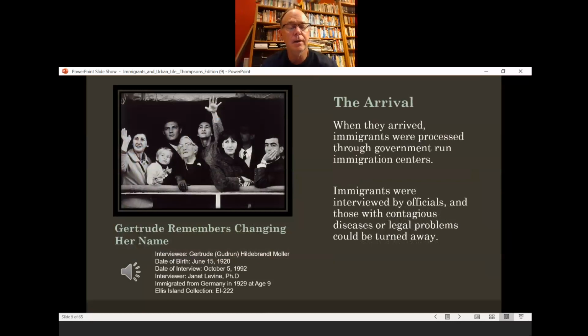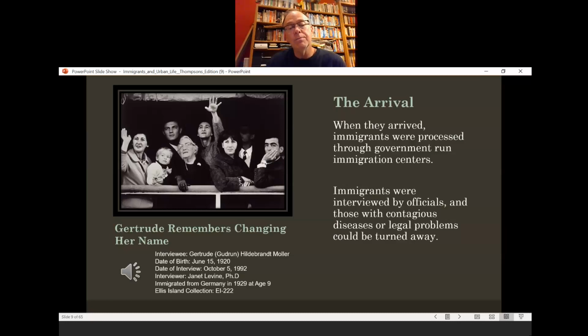So then they arrive, and when they arrive to the United States, they don't just pull up in a city's dock and everybody gets off the boat. You can't do that. So they go to immigrant processing centers. The most famous one is Ellis Island, just in New York Harbor.